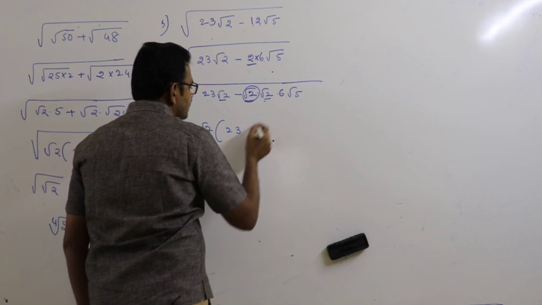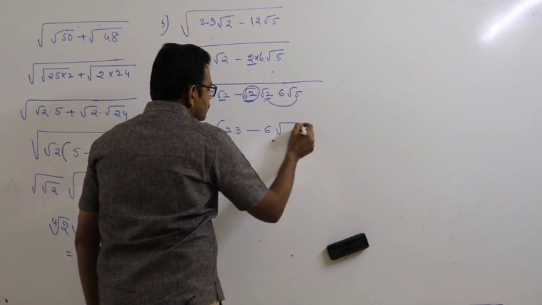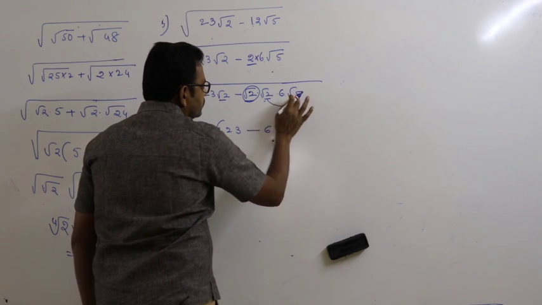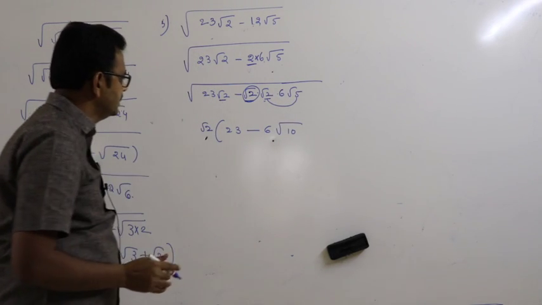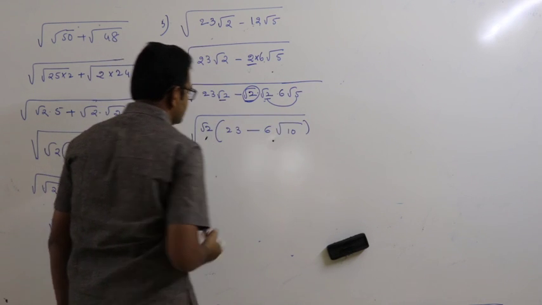Now the remaining part is what? Minus 6 into these two together, root 2 into root 5, that is root 10. So this is square root of this.